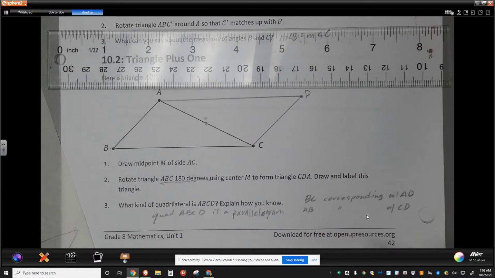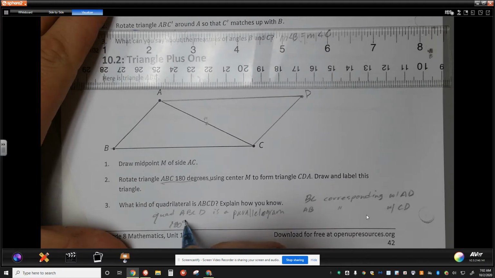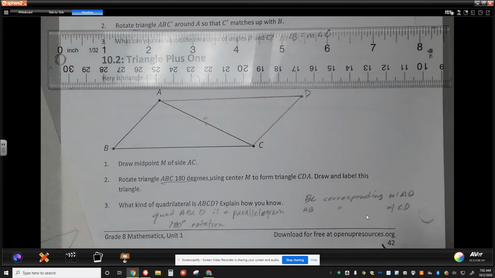And I can say that because under the rules of 180-degree rotation, the image of 180-degree rotation of lines or segments is parallel to the original.